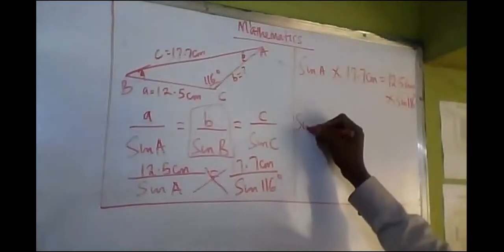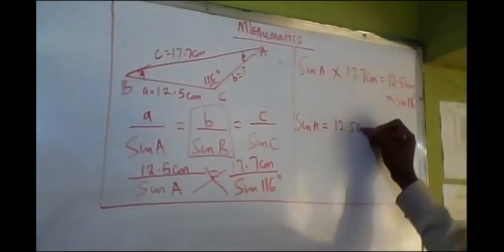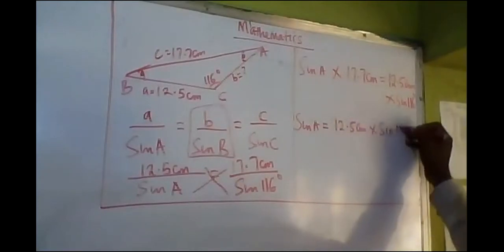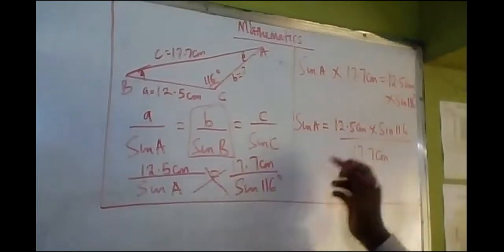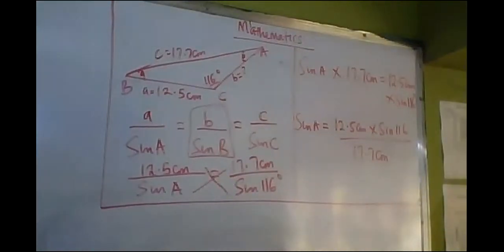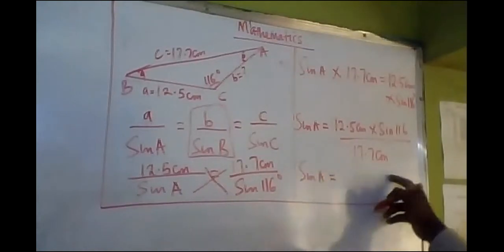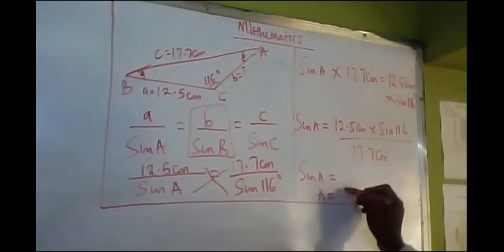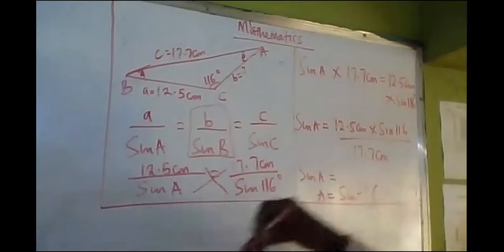So sine A, being the subject of the formula now, will be 12.5 centimeter times sine 116 all over 17.7 centimeter. So we get our A. Sine A will be equal to whatsoever we get, and we look for the arc sine of that. Arc sine of that, I'll get an angle.